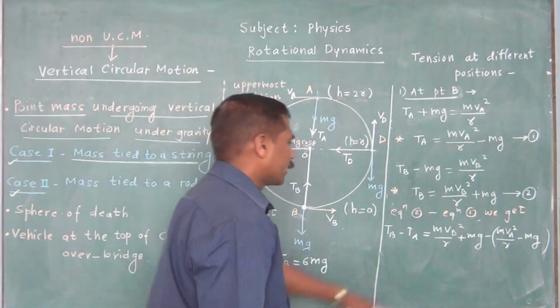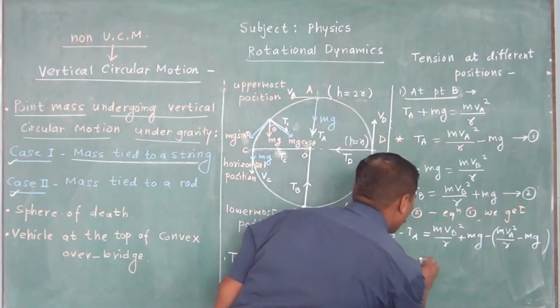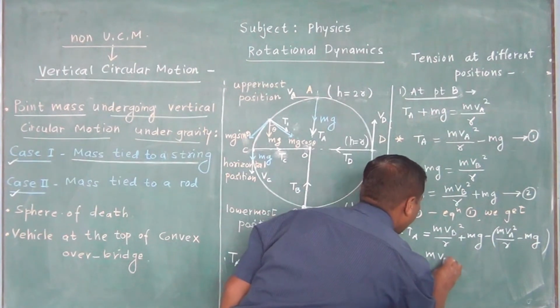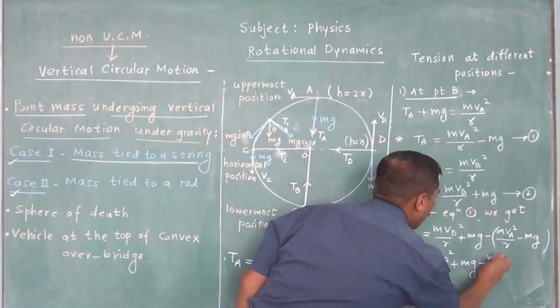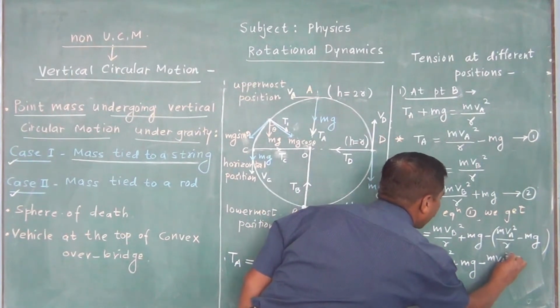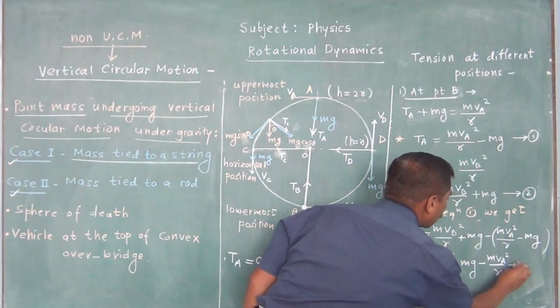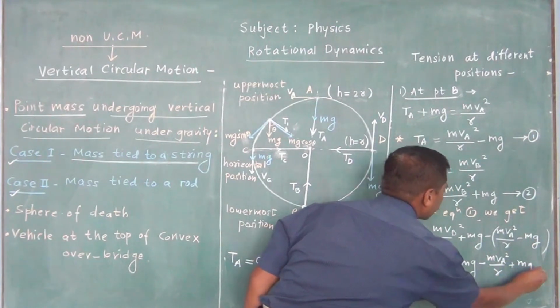We can solve this. Negative sign is here, so it will become mvb square upon r plus mg minus mva square upon r plus mg.